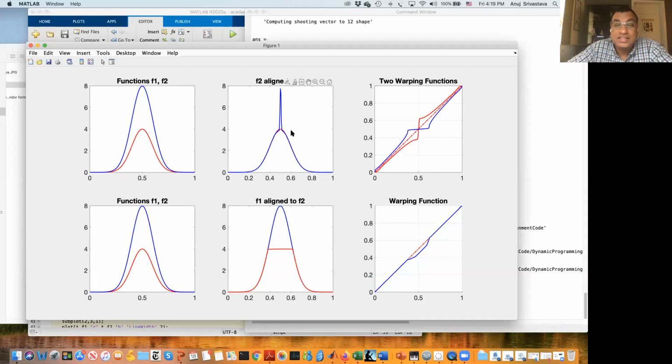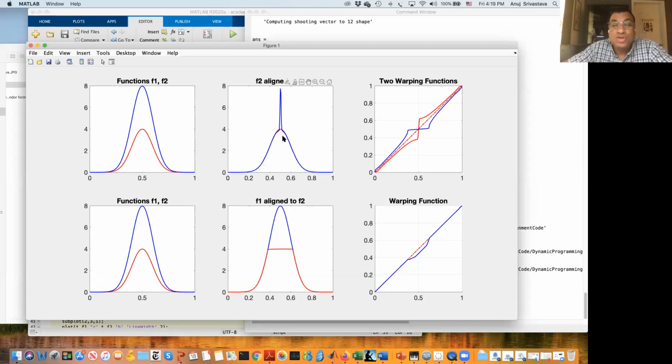You see in the top middle panel, it takes the blue function. I'm trying to align the blue to the red. It pinches a part of the blue. This is implemented in a discrete way, so there's some numerical approximation, but in theory, we will have a delta Dirac right on top of the red.